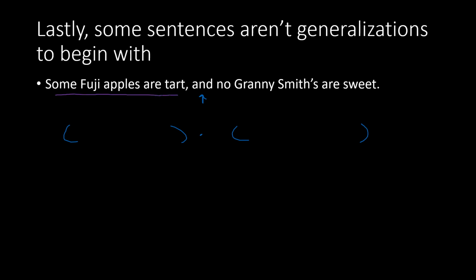Some Fuji apples are tart is an I sentence, and no Granny Smiths are sweet is an E sentence, but the sentence as a whole is not actually a generalization. It's actually a conjunction. So using Fx for Fuji apples, Tx for X is tart, Gx for Granny Smith apple, and Sx for X is sweet, then we get this kind of translation.